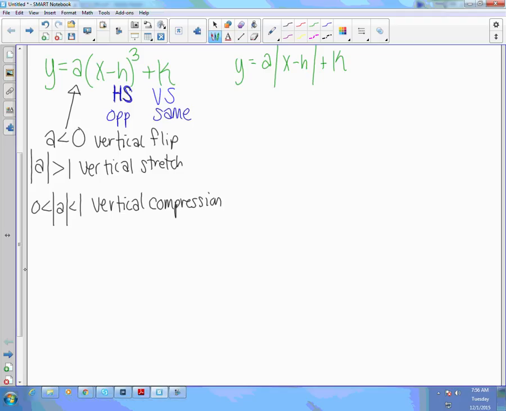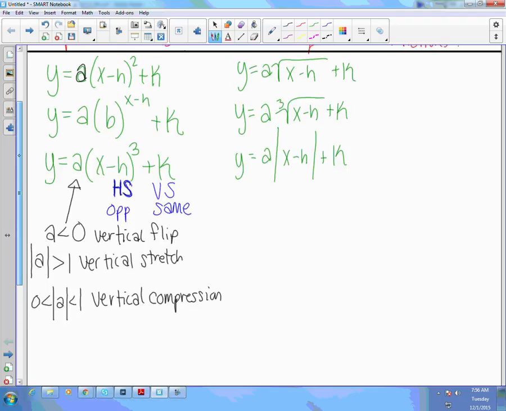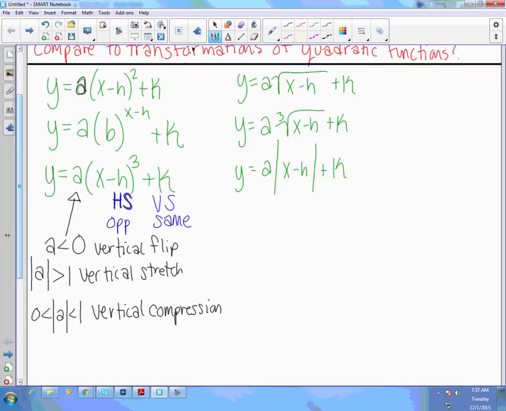Okay, I'm going to rewrite this on the board so you can see it. Doesn't really matter which function I put. Like I mentioned, the name of the function tells you where the grouping for the function is. Look at the h. It's inside the quadratic, right? This one called exponential.